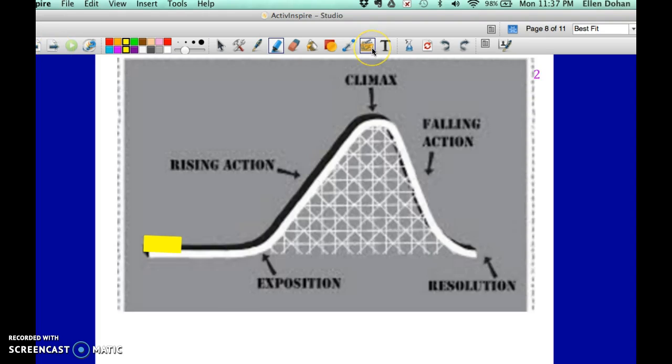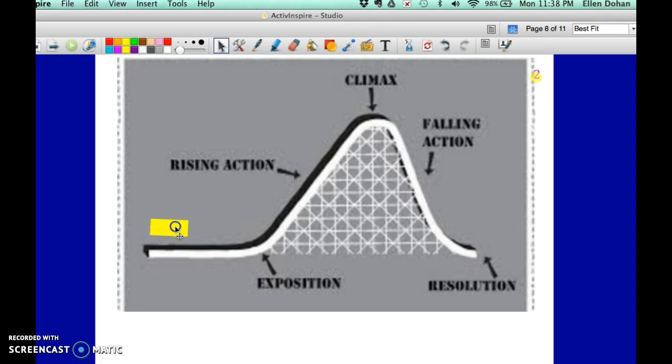You're not going to take notes on this slide, but this slide is to help you visualize and get a little bit of an understanding of what plot is. In a second, we're going to define plot, but we know that plot means just the order of events in a story. And a story is structured a lot like your basic roller coaster.